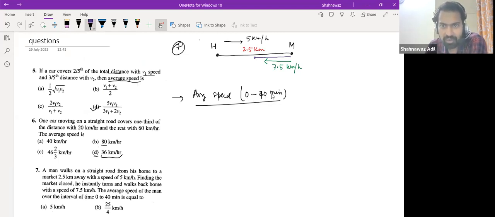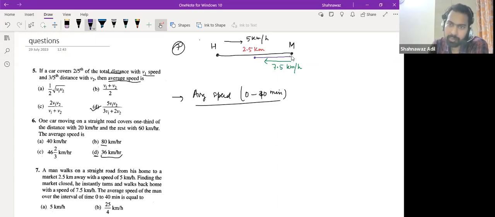So let us calculate what is the missing information in all these pictorial diagrams. What is the missing information? Distance is given, right?